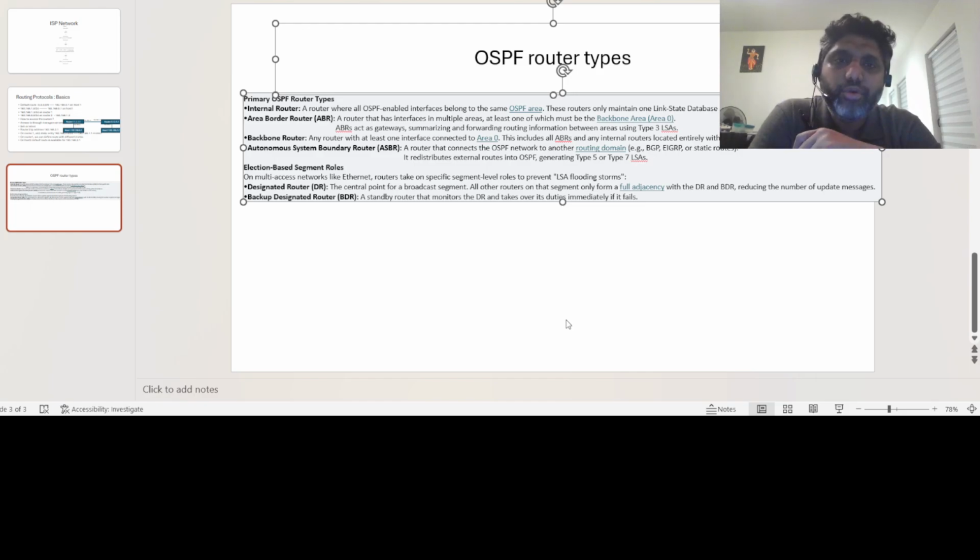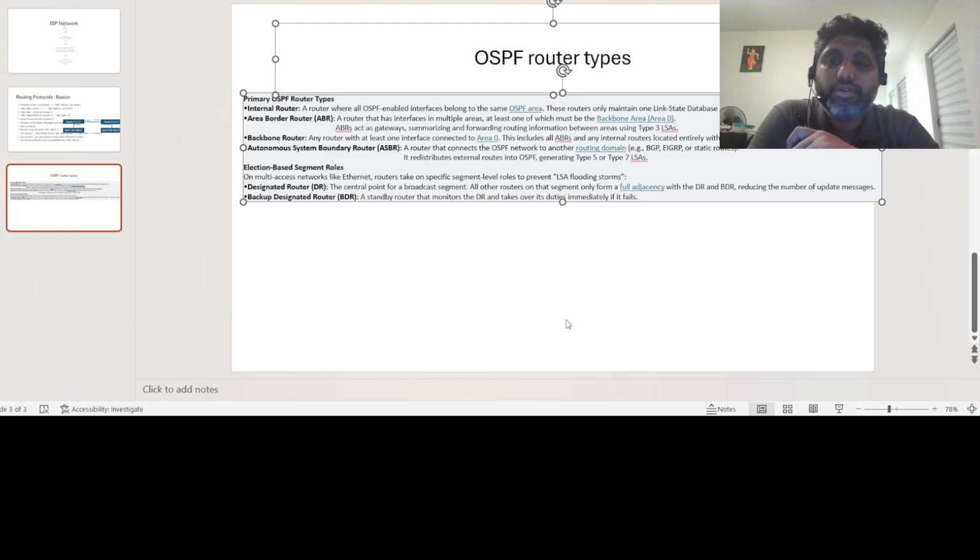So in my example, the area border router will be a router interfacing between Mangaluru and Bengaluru and from Mysuru to Bengaluru. Backbone router: all the area border routers and the internal routers which have interfaces in area 0 are called backbone routers.